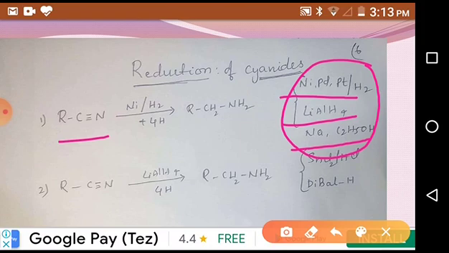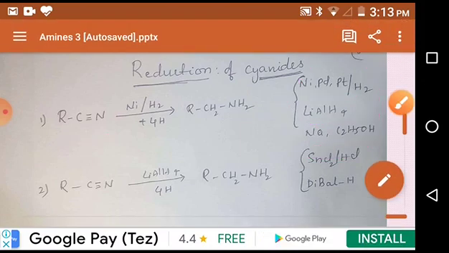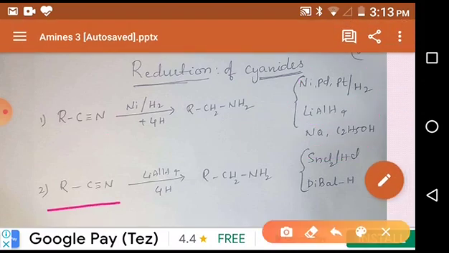Let us see an example. For example, when alkyl cyanide is reduced with lithium aluminum hydride, it gives an alkyl primary amine. In this reaction, our reducing agent lithium aluminum hydride provides the required number of hydrogens.